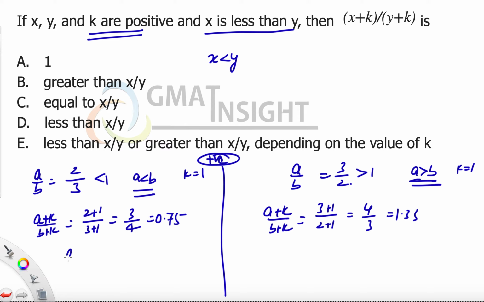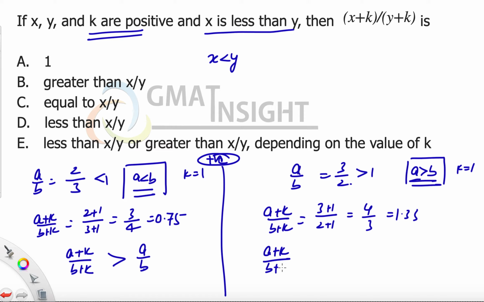Do you realize now a plus k over b plus k, 0.75, is greater than a upon b in this particular case? Whereas what happens in this particular case? A plus k over b plus k, which is 1.33, is less than a upon b.